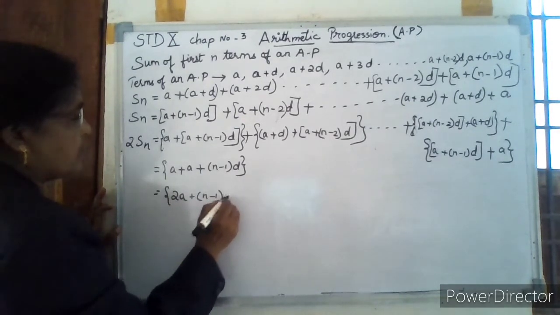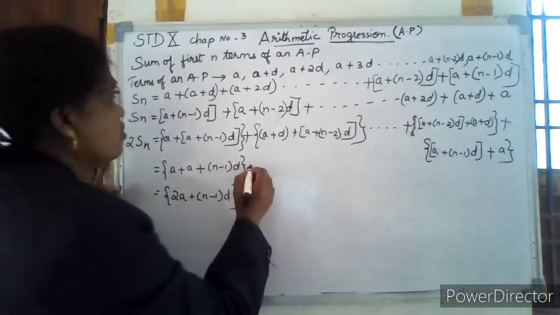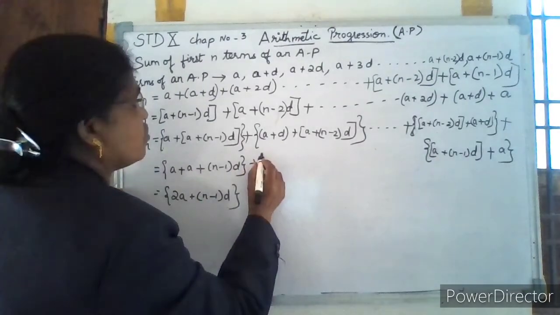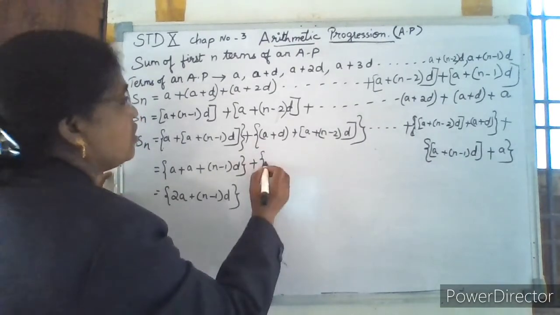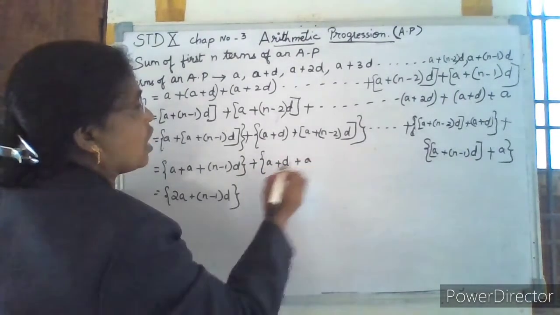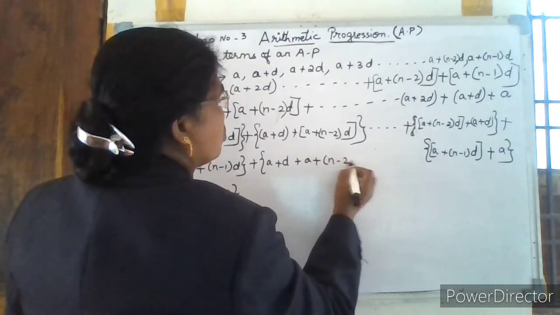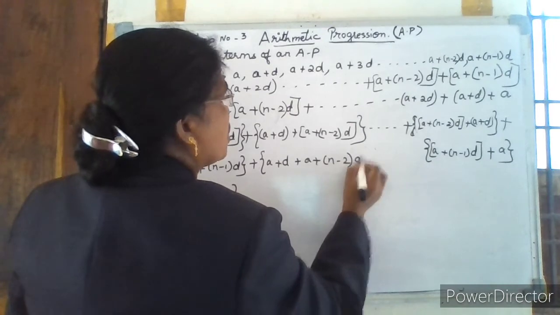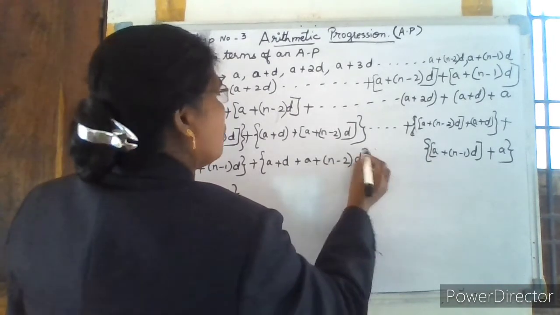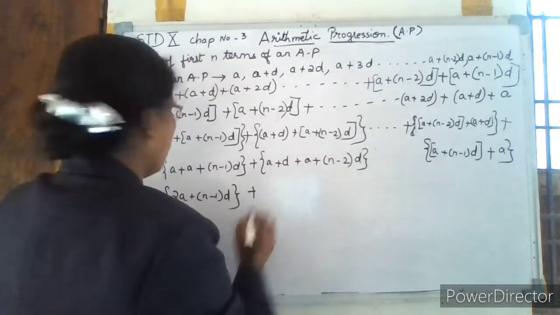Now in the same manner here, the next term, open it: a plus d plus a, and this is plus n minus 2 into d. Now see here, a plus a, I will get 2a.